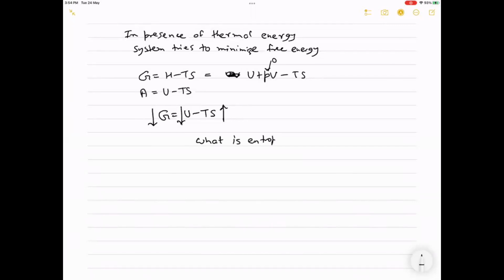Now, all of you have read about entropy before, maybe at the school level. So I would like to know from you, what is entropy? Anyone? Everyone has probably studied entropy.